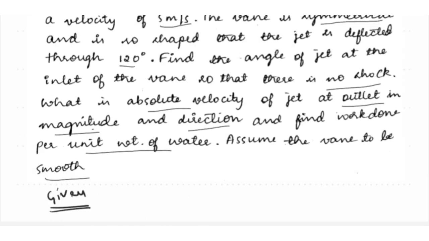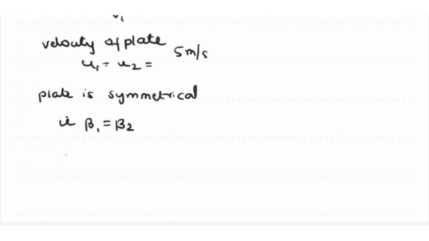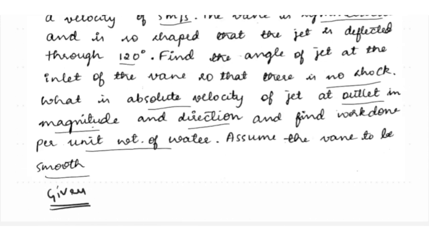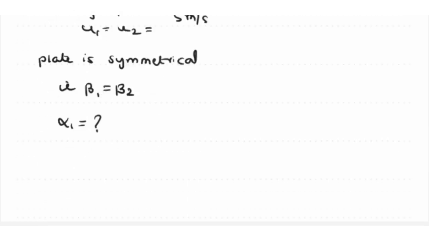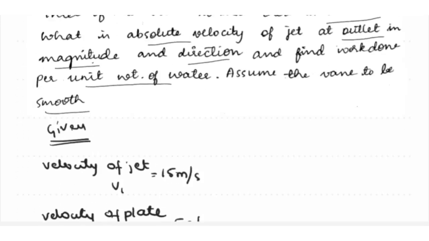So we have to calculate what is the vane angle at inlet, that is alpha 1 is equal to question mark. Then also we have to calculate absolute velocity of jet at outlet, so that is V2 is equal to question mark, and we have to calculate what is work done. So this is what they have given in the question.